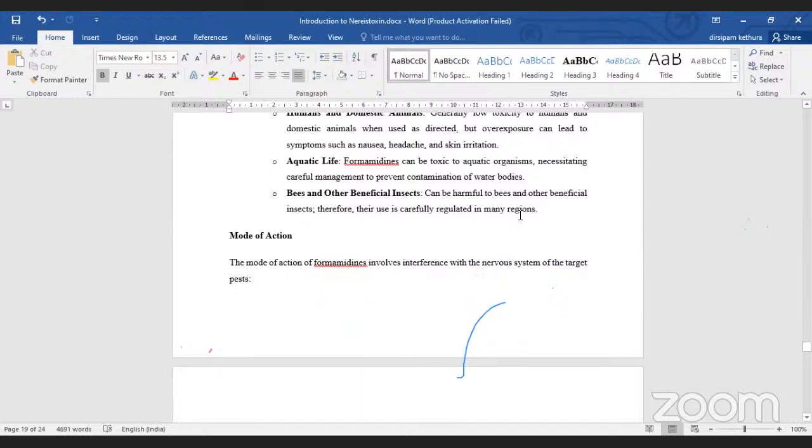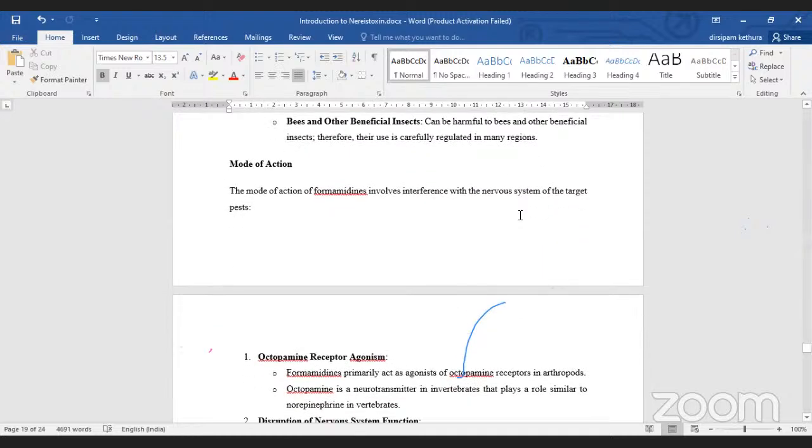Coming to aquatic life, the formamidins can be toxic to aquatic organisms. So we have to use them according to the concentrations given in order to prevent contamination of water bodies. And they can be harmful to bees and other beneficial insects. Therefore, their use is carefully regulated in many regions.